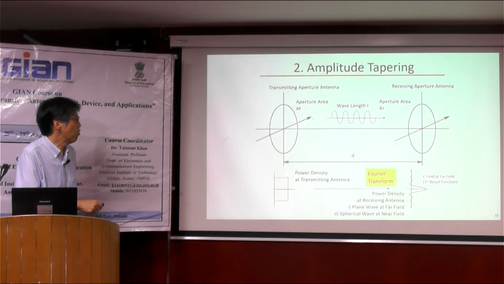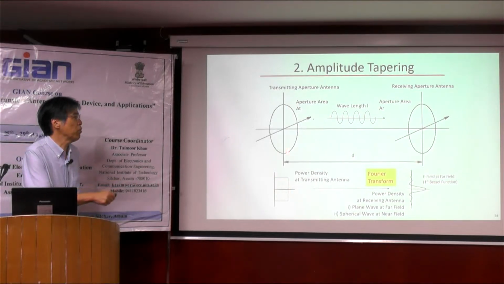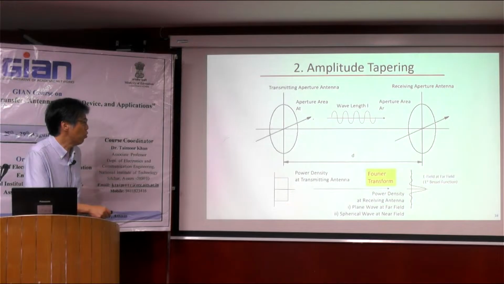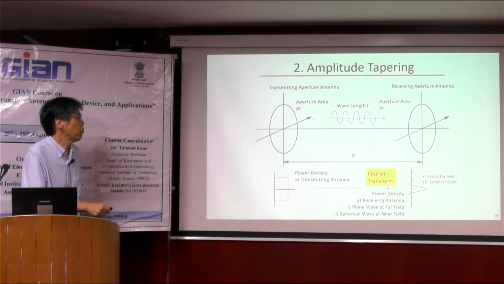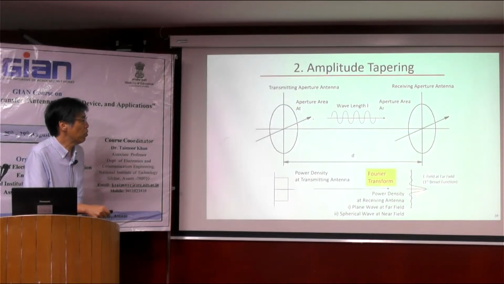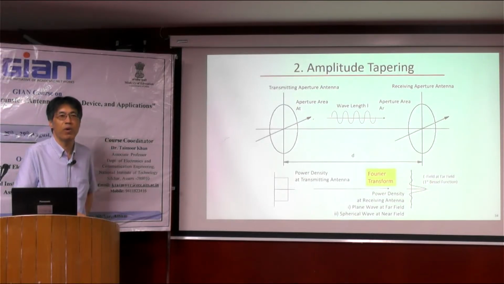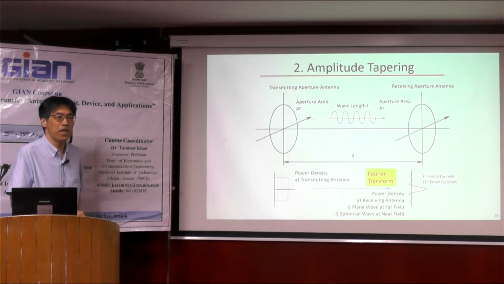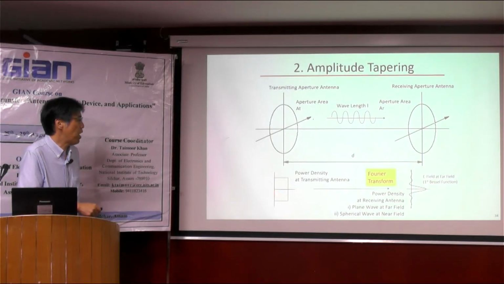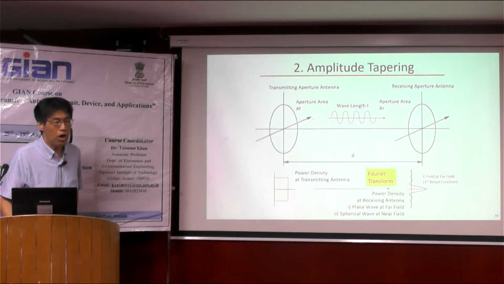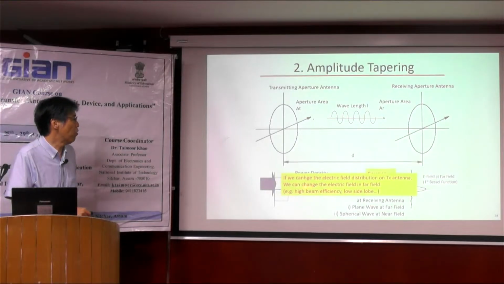When we put a uniform power density at the transmitter, this uniform shape can be transformed by Fourier transform, and this gives the beam pattern. So if we change the power density at the transmitter, we can change the beam form at the receiver. Based on this technology, we can change the electric field in the far field.